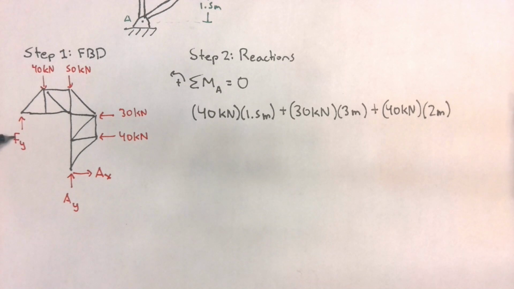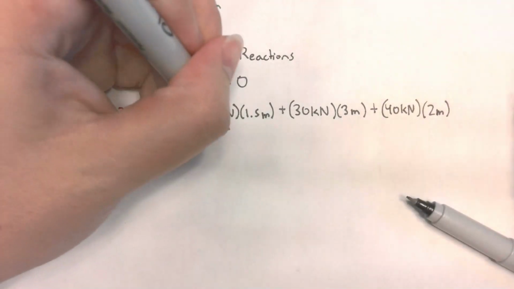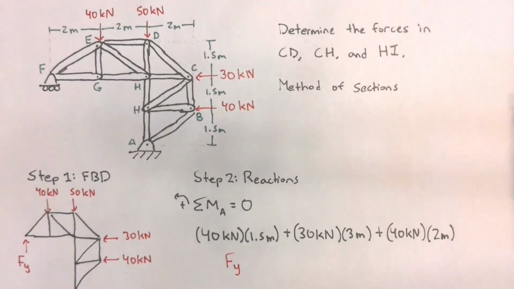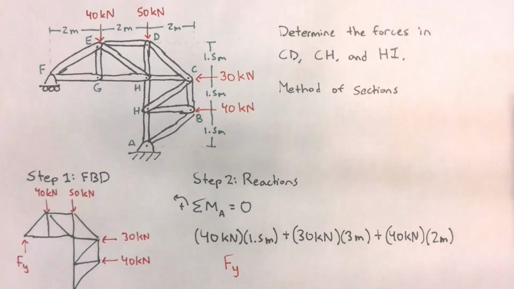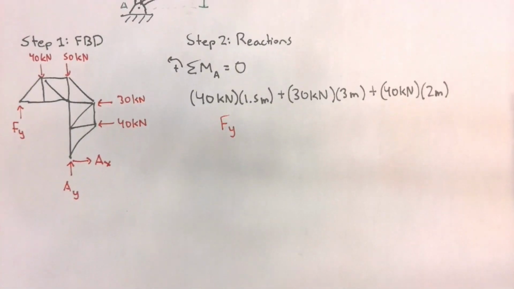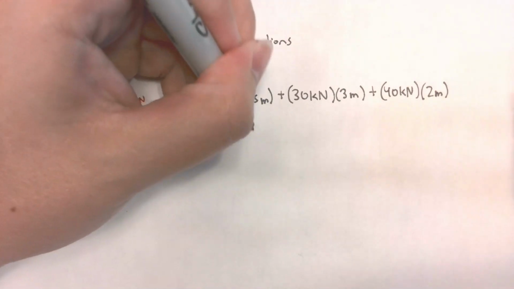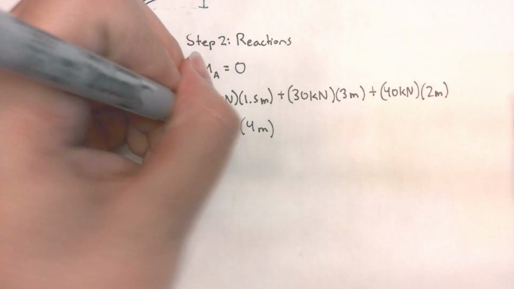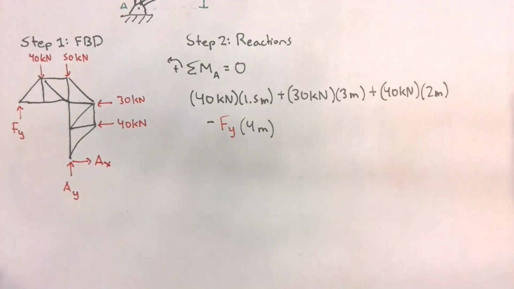And finally, I have my force in the Y direction, which is my unknown. I'm going to write it here. And that force is acting at 4 meters. The rotation here is clockwise, so I'm going to give my force a negative moment value.